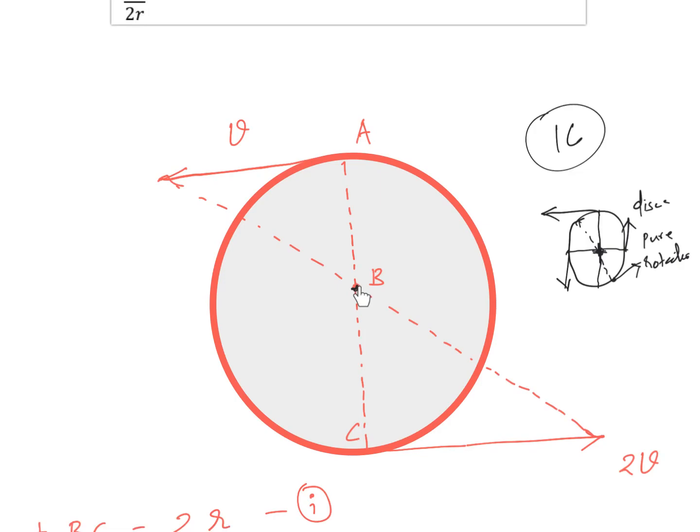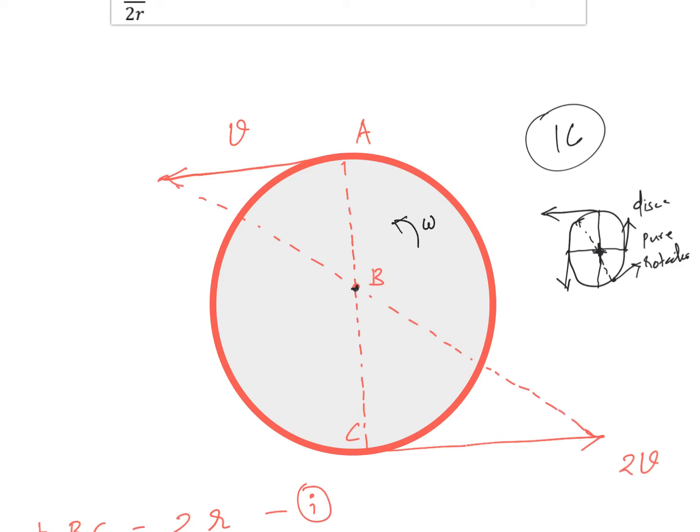If this is the instantaneous center, and the body is rotating with an angular velocity omega, note that a body can have only one angular velocity, it cannot have multiple angular velocities.